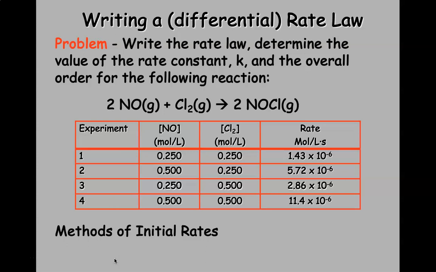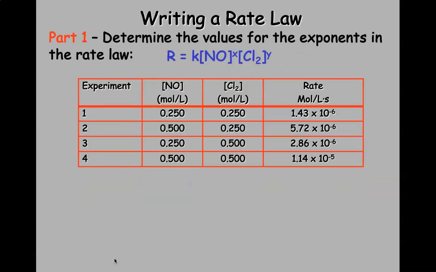So the goal here, when trying to figure this out, is to pick one of the reactants to solve for first, after you write your general equation. So part 1, we want to determine our exponents. So here's our reaction.